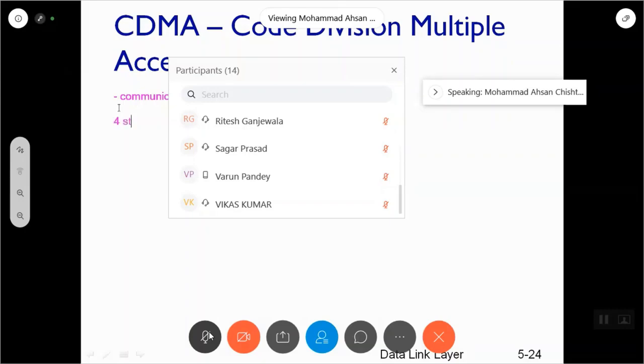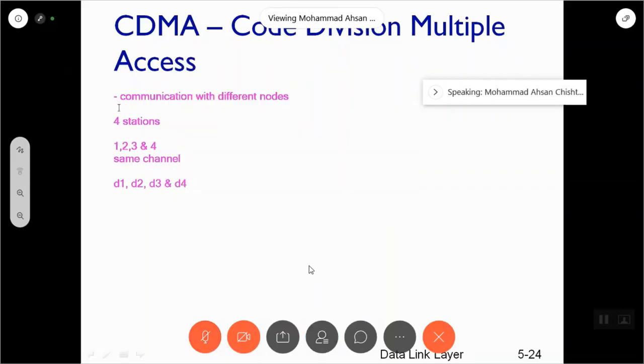Now we have, let's say, 4 stations, explaining this in terms of networks. 1, 2, 3, and 4. We have the same channel. We have data D1, D2, D3, and D4.